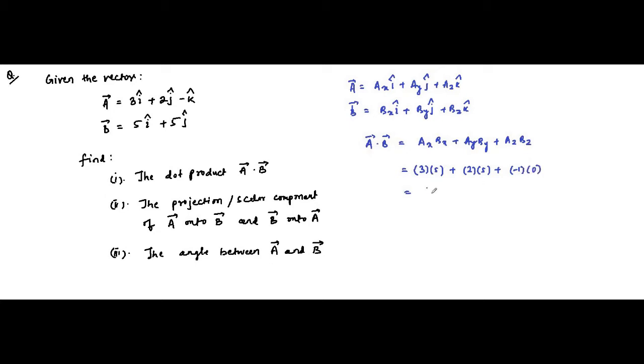So it will be 15 plus 10 minus 0 or plus 0, whatever you want to write. So it is 25, the dot product. This is the first part of the answer.